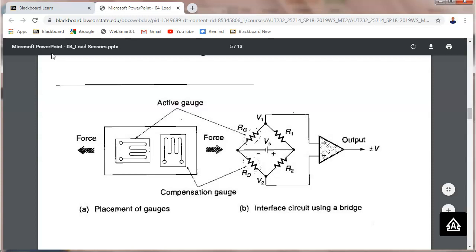We use a Wheatstone bridge to balance out the variation in temperature, and what we get out gives us a voltage output that's proportional to the weight. These things don't put out much, like 10 millivolts per volt. So if you excite it with 15 volts, you only get 150 millivolts out at its maximum. We can sense it, right?